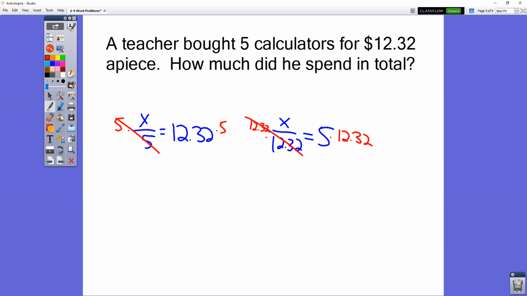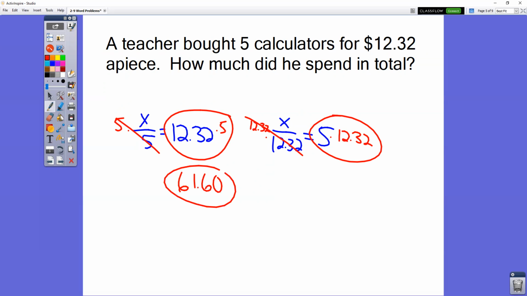Either way, you're going to be multiplying 5 times $12.32. You have to do that opposite operation. Either way that you do it, you get $61.60. So 5 calculators, $12.32 each. You have to multiply those two together. You get $61.60.